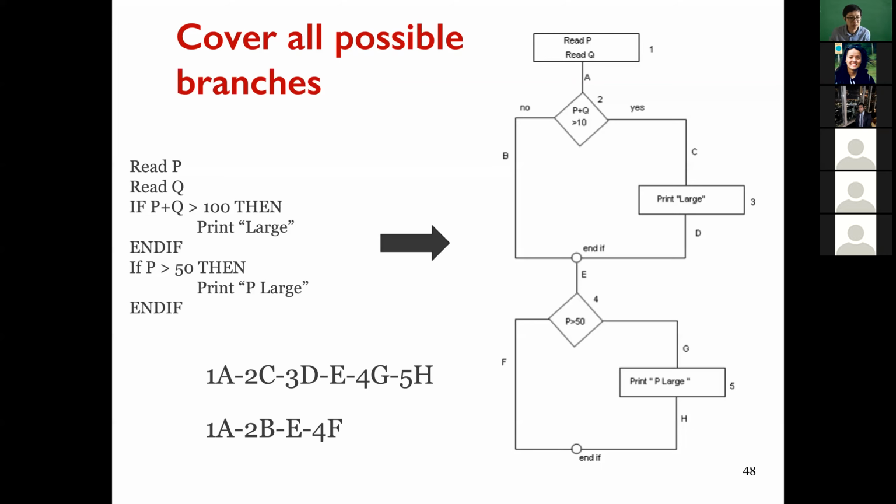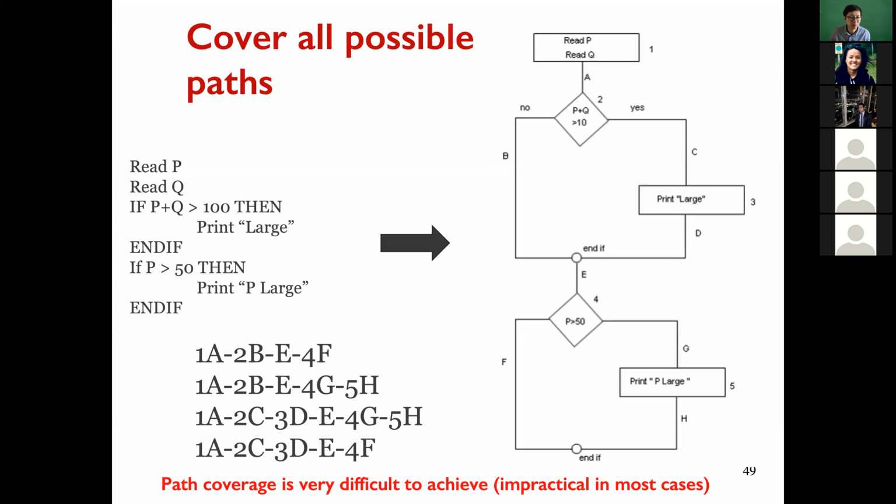Path coverage is more complicated. Basically, we need 4 test cases to cover all the paths, because there are lots of paths. First branch you go to left, then the second branch you go to left again, but you can do another combination: first branch left, second branch right, or both branches go to right. So many combinations.